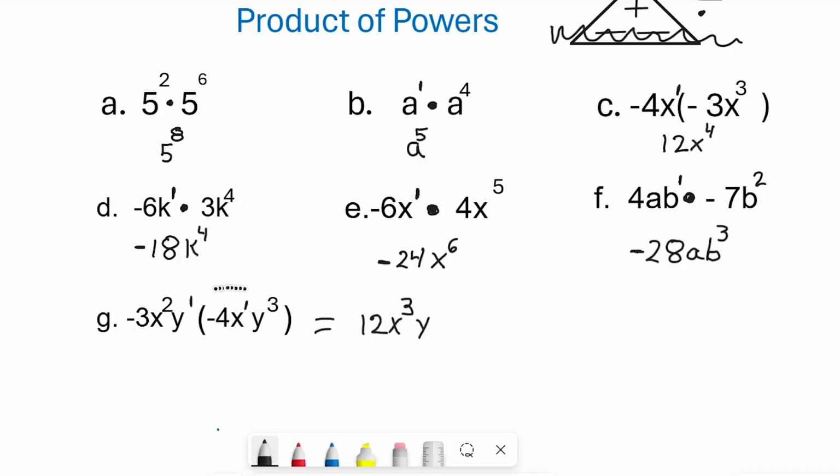So to get the answer, you're gonna be adding the exponents. That means you're gonna be adding 3 plus 1, and then the answer should be y to the fourth power. And this means that 12 is gonna be multiplying x to the third power times y to the fourth power. You don't need to write the times, okay? As long as they are together, it means that you have multiplication between them, okay? And that's how we're gonna get the answer for all of this.